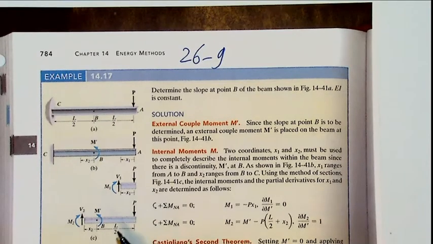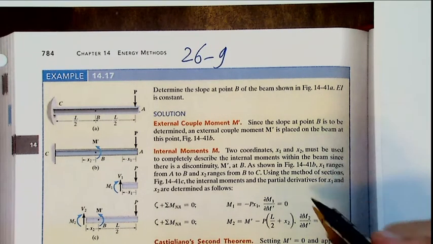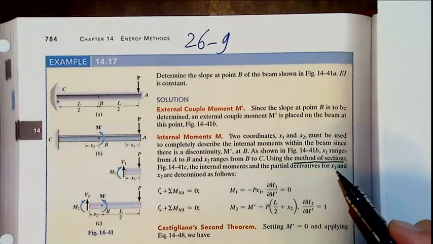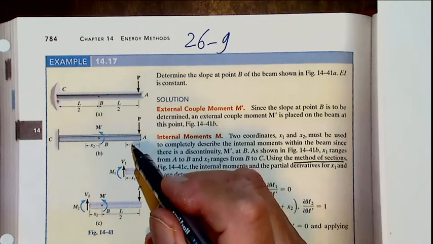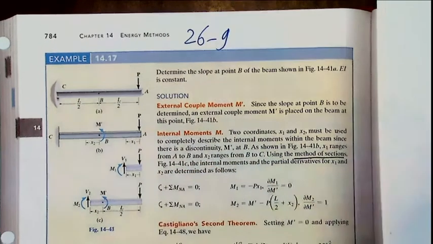So here, of course, using method of sections or method of cuts, internal moments are determined like this. So here, that is two coordinate systems I'm using, x1 from here and x2 from there.